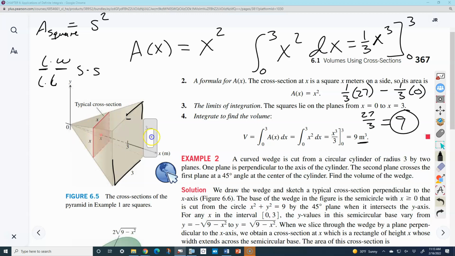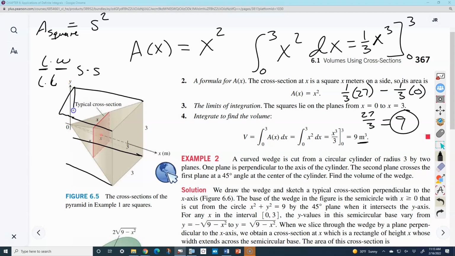If this pyramid here were instead a rectangular prism, or a square prism, if this square were extended straight instead of coming to a point, what would be the volume of that?